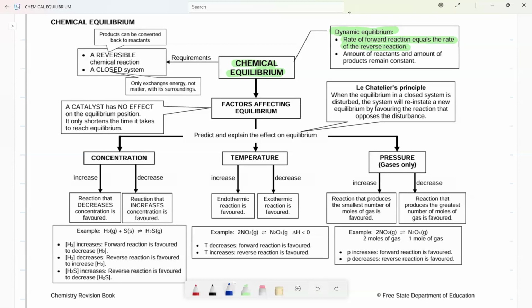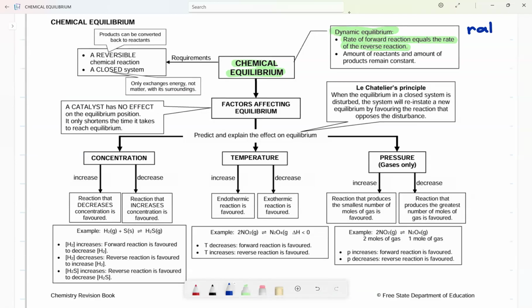But there is another definition that you can define a dynamic equilibrium with: the amount of reactants and amount of products remains constant. If you're new to this topic, you won't understand why we have two definitions. But on chemical equilibrium, we have two graphs, okay?